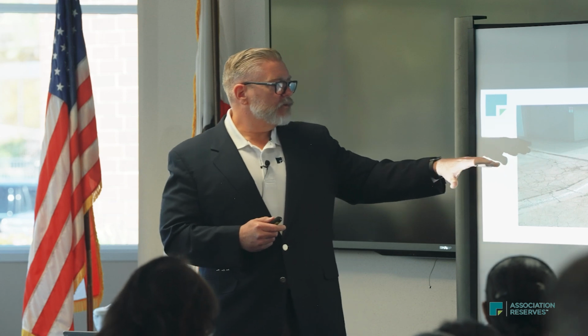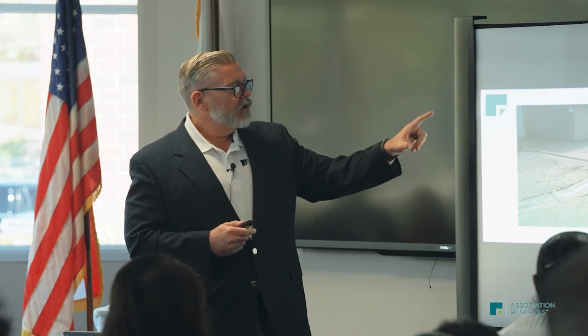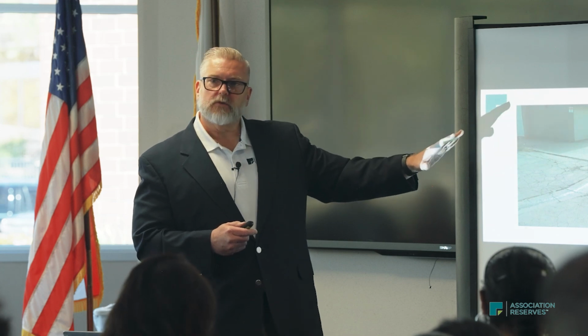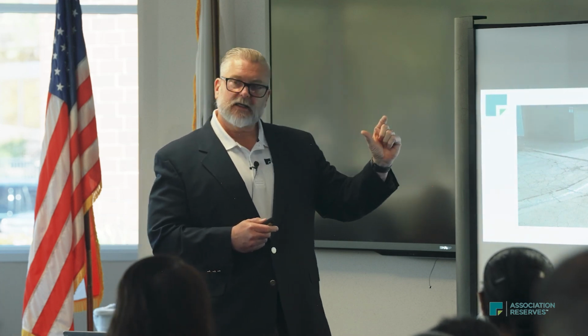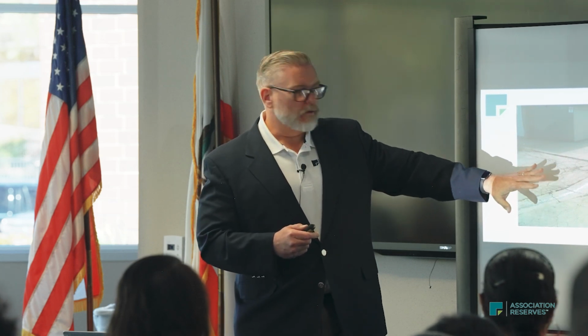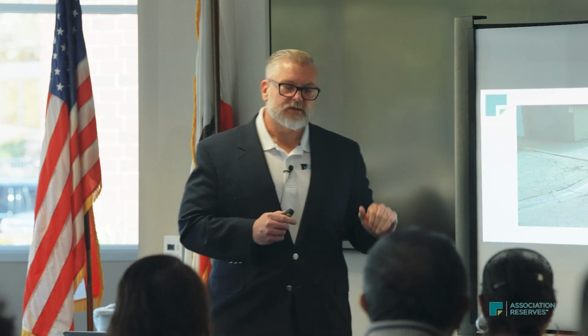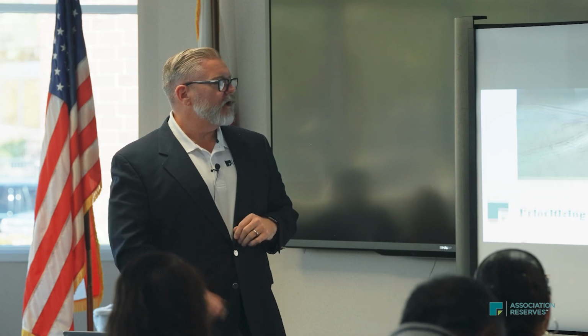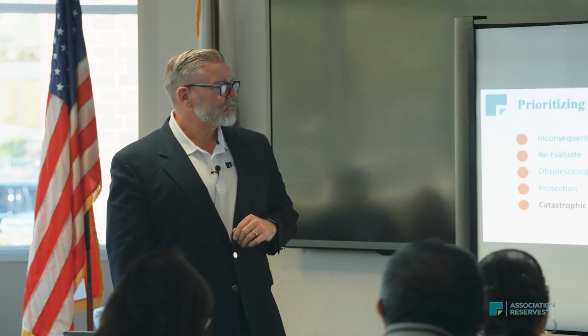What we found when we did an analysis is that to replace an asset that you don't need to replace, versus maintaining it, is 10 times more expensive. It's 10 times more expensive to resurface or replace this asphalt than it would have been just to slurry seal it every 4 or 5 years. So we want to make sure we are doing that maintenance on these assets.